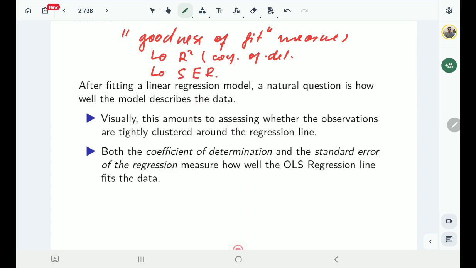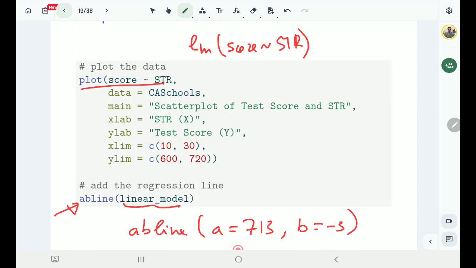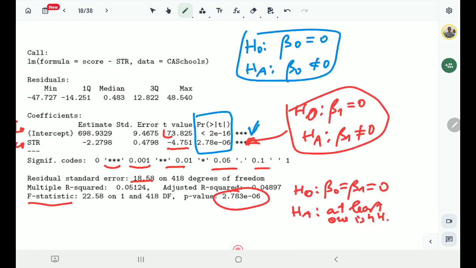The standard error of regression, by the way, is reported as residual standard error. The name is a little bit changed here in the output, so you have to know that they have the same meaning.